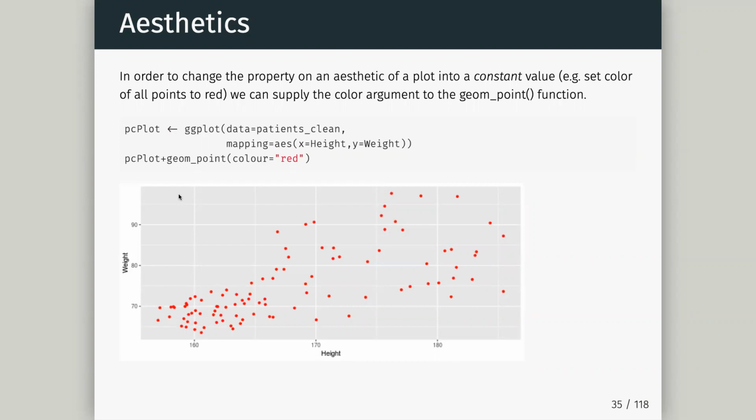We'll just set a constant color, similar to base R. What happens if we want to change all our points to red? So here I'm going to do ggplot, patience clean, give it an x and a y, and say geom_point, but I'm going to provide within the geom_point an additional argument, color, which I'm just going to say is red.